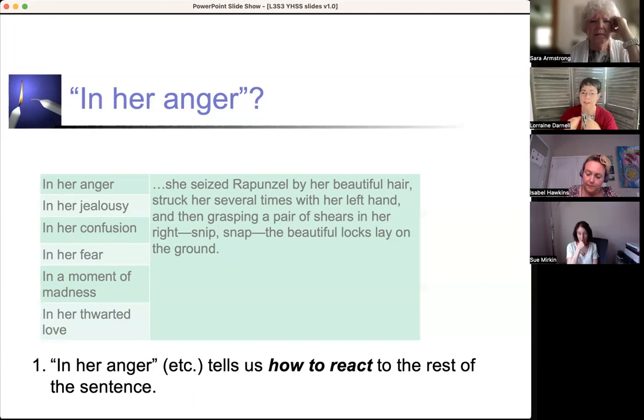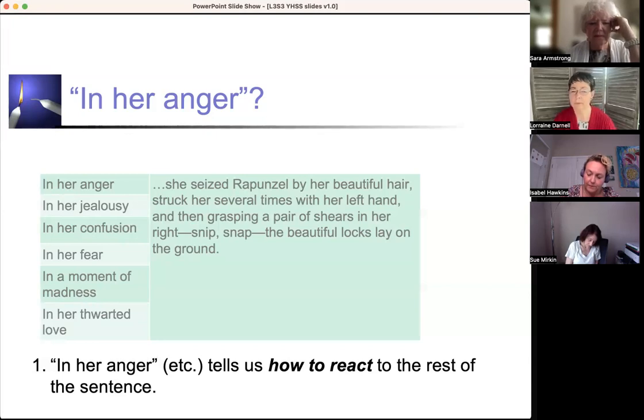Is she doing this to try to protect her? Exactly. To me, you're describing that perfectly accurately. That's what in her anger or any of those substitutes does for us. It gives us an idea of how to interpret her motivation for doing it in this case. And that's useful for us.